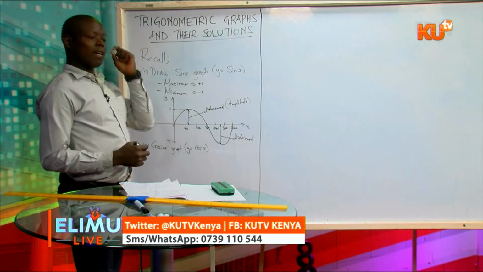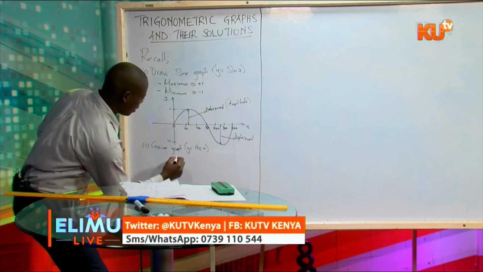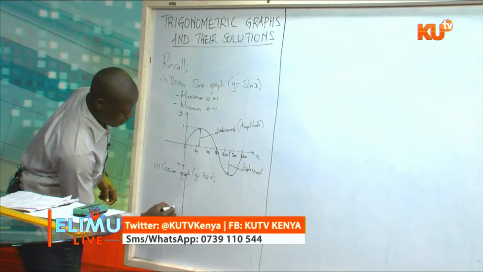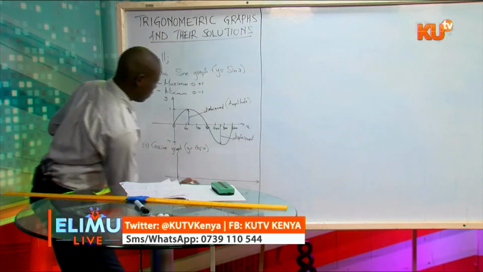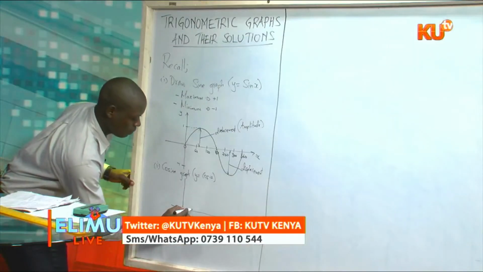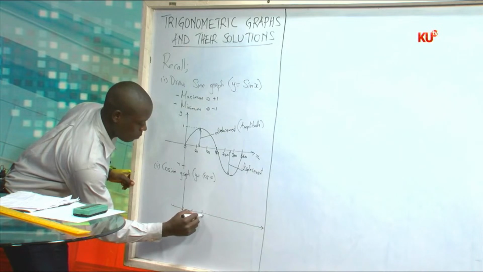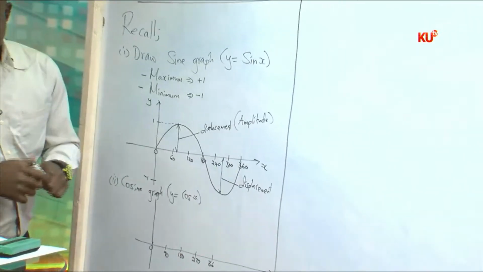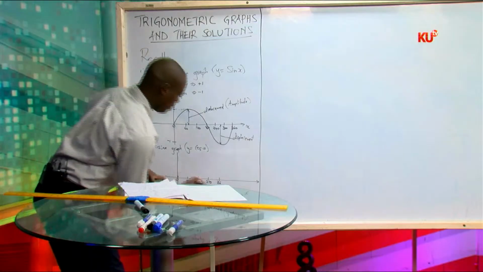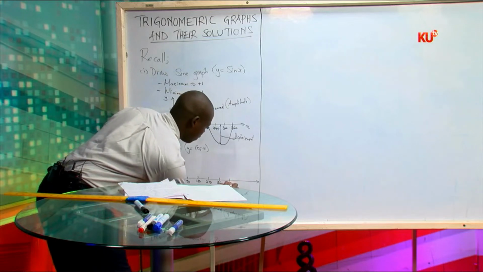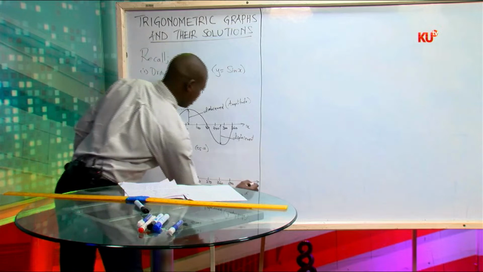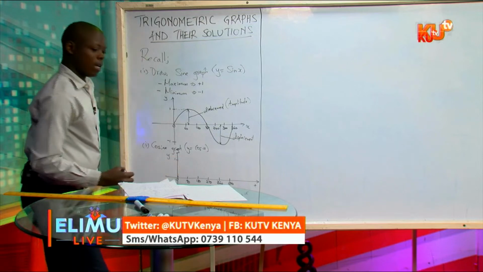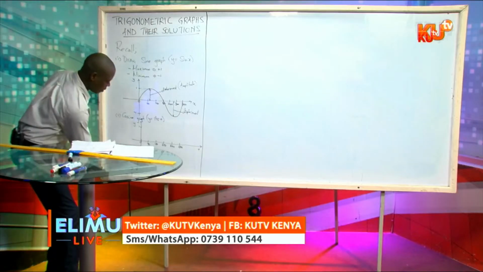Again, it takes the same principle as the sine graph, but this is how it will appear with 0, 90, 180, 270, 360. Then we have this as 540, and so on. This is the x-axis. This is the y-axis. The highest point is 1. And again, the lowest point is negative 1.